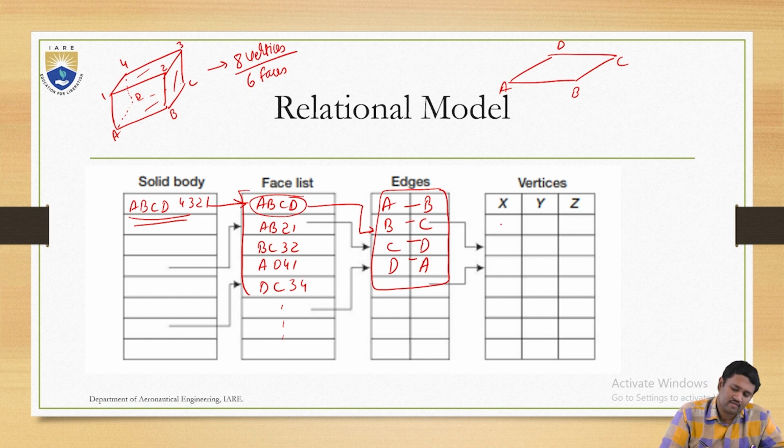Now during this, what are the vertices? For A, it will be a coordinate related to x, y, and z in a 3D space, similar to B, similar to C, similar to D. Now in this, we can see from a solid body a few faces. Particularly if you are taking the example of a cube, a solid body has 6 faces. Each of the 6 faces will have a total of how many edges? 12 edges.